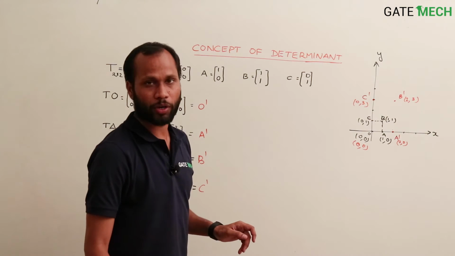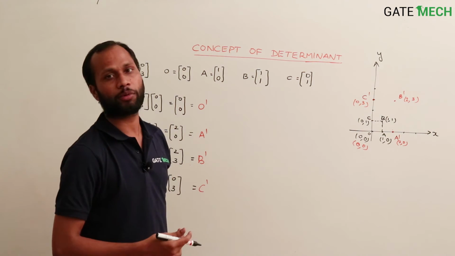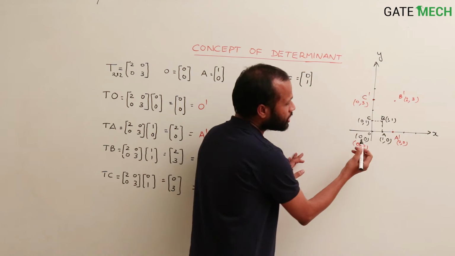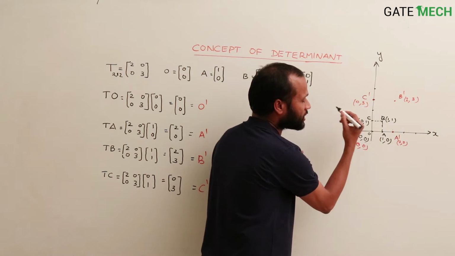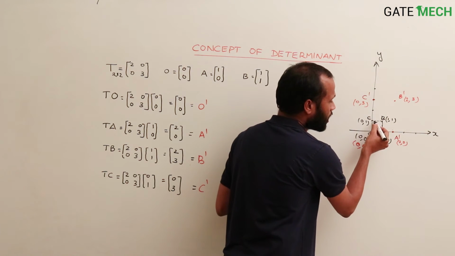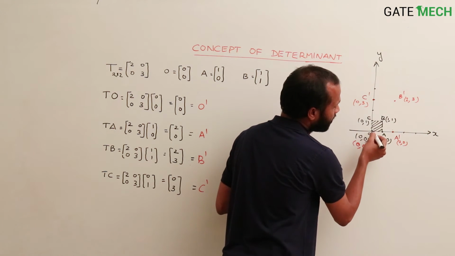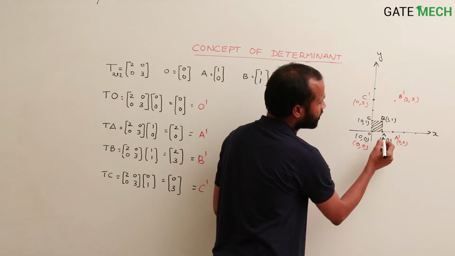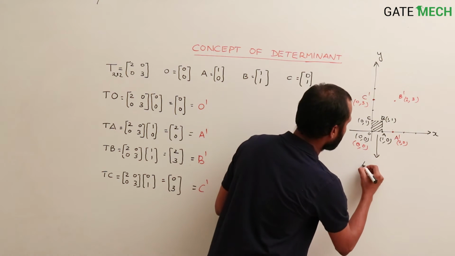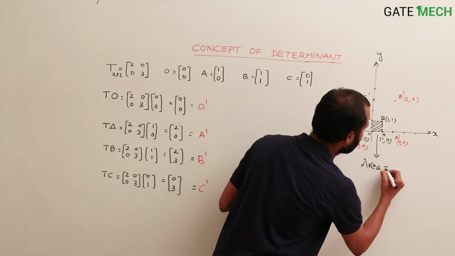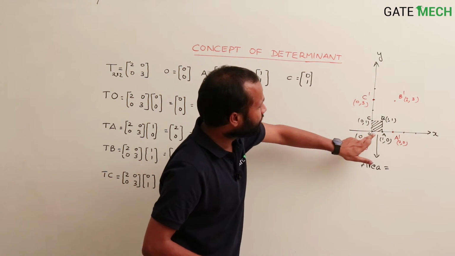If you observe carefully, you can find the meaning of the determinant here. Using the O, A, B, C points, if you can form a rectangle, what was the area covered between these points earlier? Area is equal to width into height.